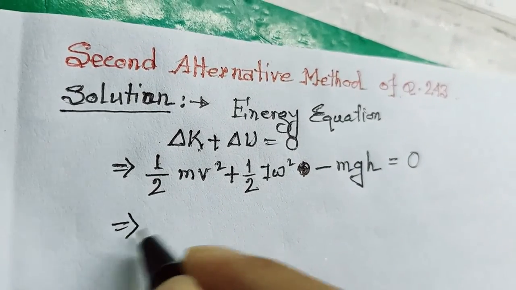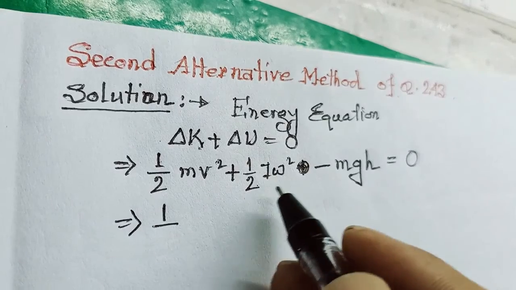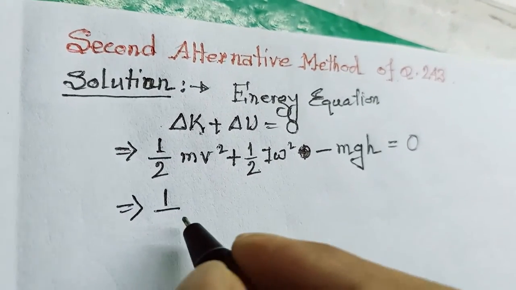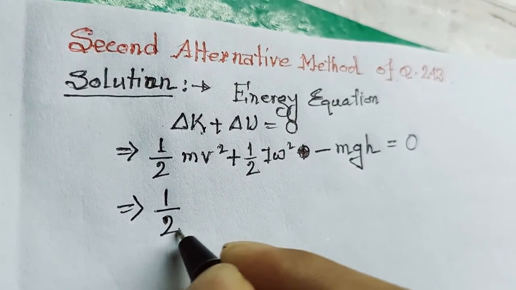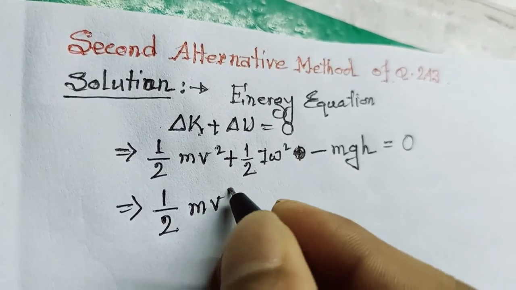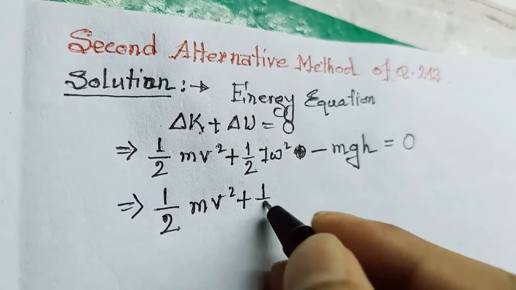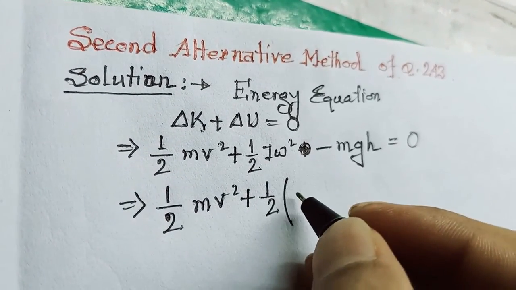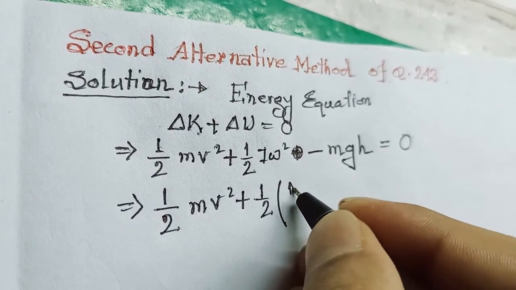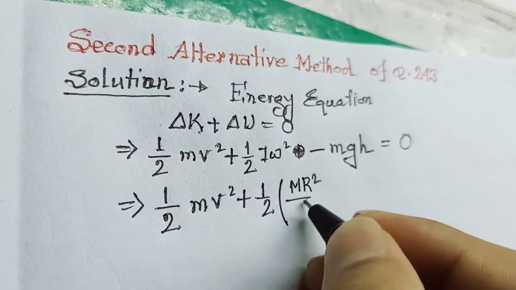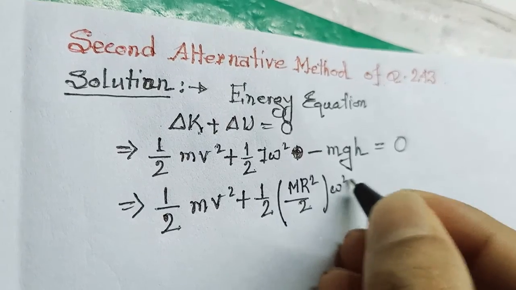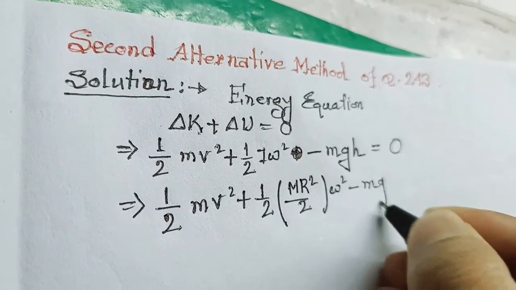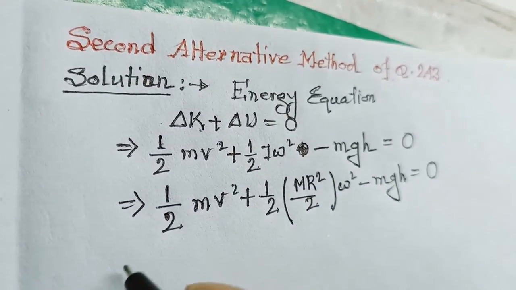Now we'll put the value of moment of inertia in this equation. Then we'll get half m v square plus half, and moment of inertia for a cylinder is equal to m r square divided by 2, into omega square, minus mgh, that will be equal to 0.